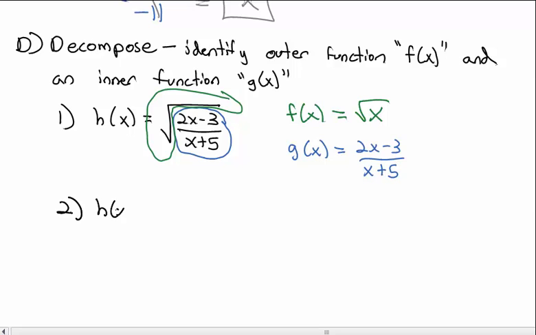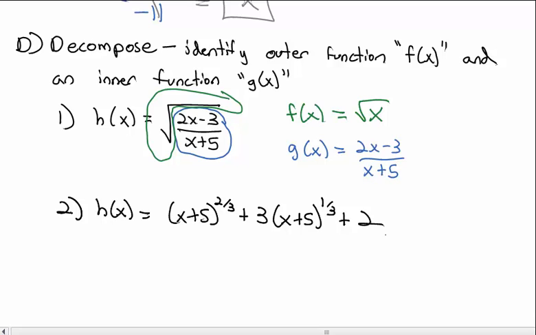So for example, if h of x equals x plus 5 to the 2/3 plus 3 times x plus 5 to the 1/3 plus 2, what you might notice is, again, we've got an inner function. A couple ways you could call this inner function.